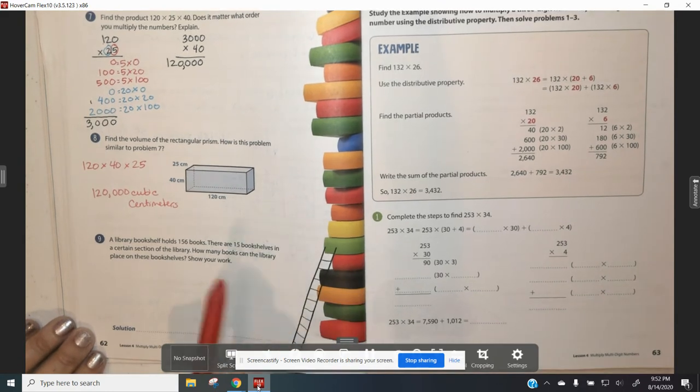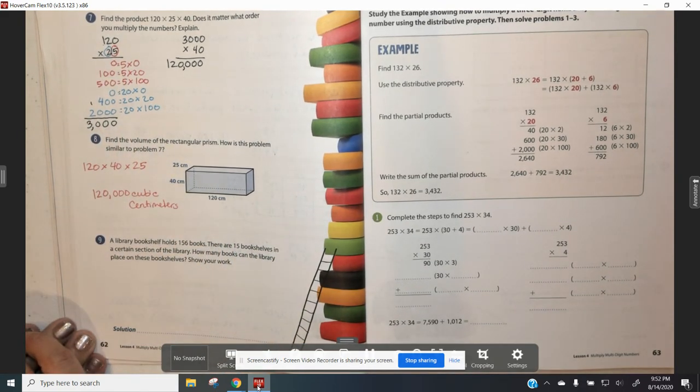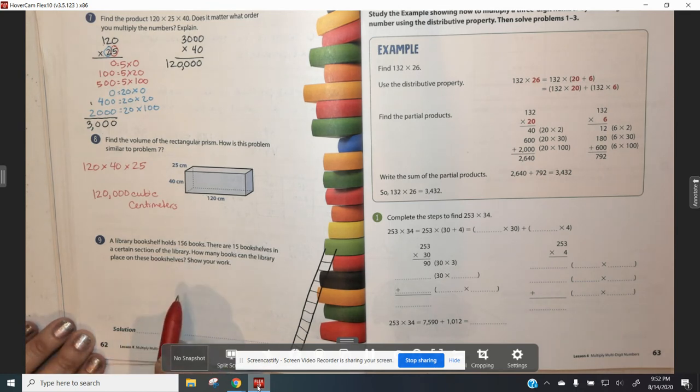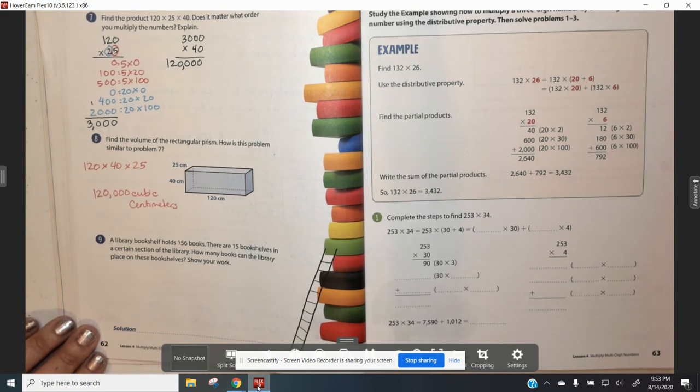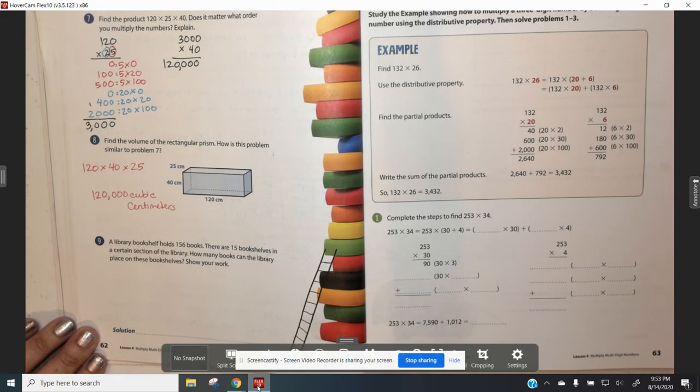You can use area model, partial products, or if there's another method that you know, you may use that method. I want you to pause the video and solve using your favorite method. And then I will do it with partial products in a moment so that I can show you how to do partial products just one more time.